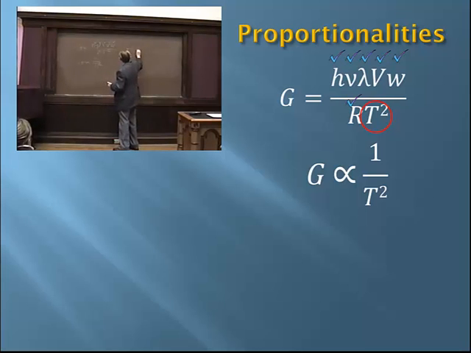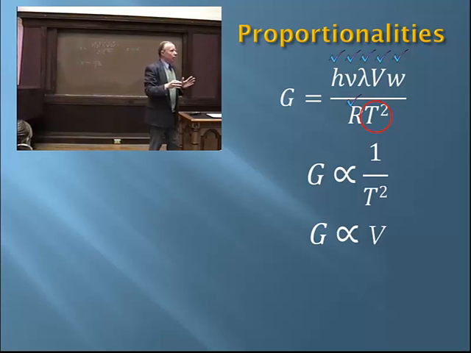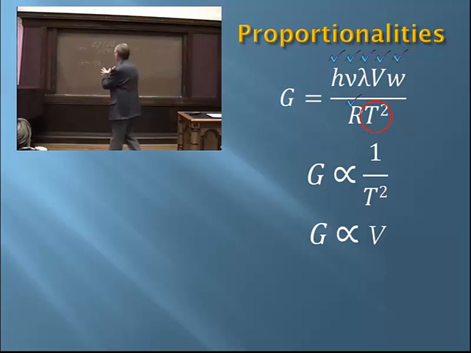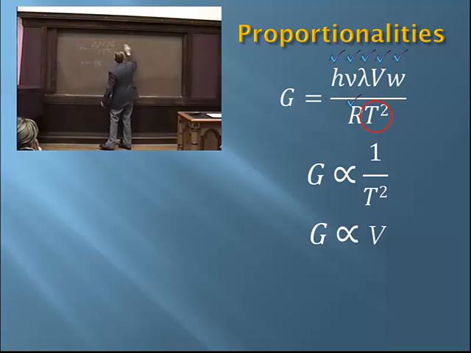G varies directly as v. And so if all other things are kept equal, and I only change v, whatever g happens to be, as v goes up, g will go up. And that's how we can read meaning into something even that complex. And that's what's nice about proportionalities.